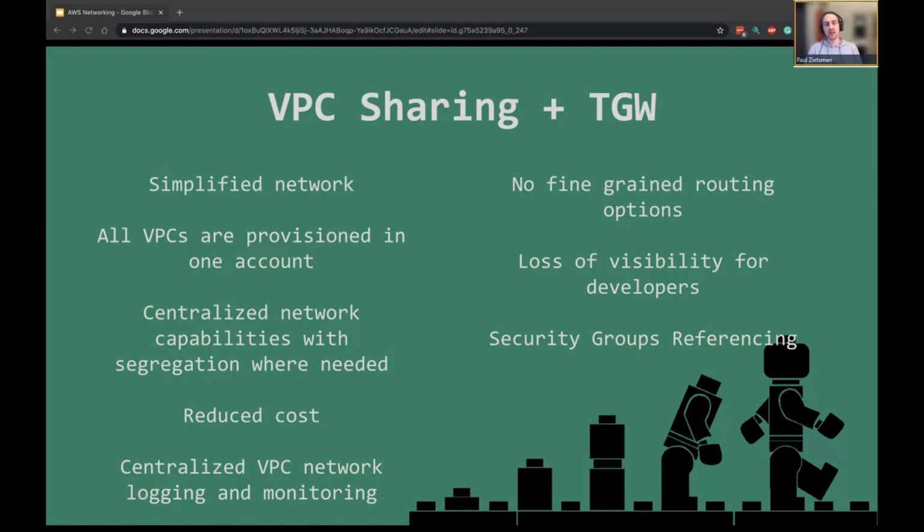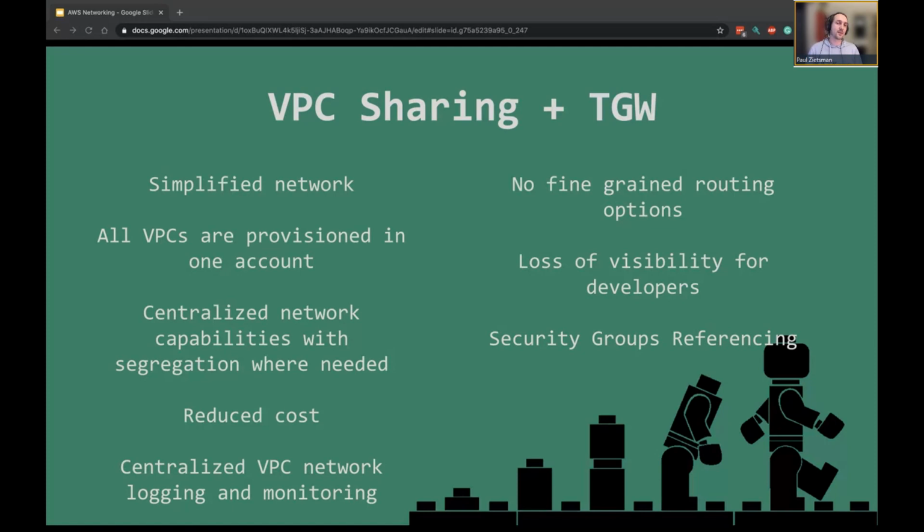I mentioned centralized logging and monitoring. Pretty cool stuff. You do lose fine-grained routing options. So you don't have a transit gateway for workloads running within the same VPC. If you wanted to do fine-grained routing now, or I say fine-grained, it's not like the TGW can do crazy fine-grained routing, you'd have to rely on NACLs.